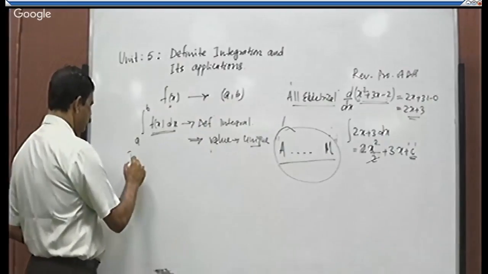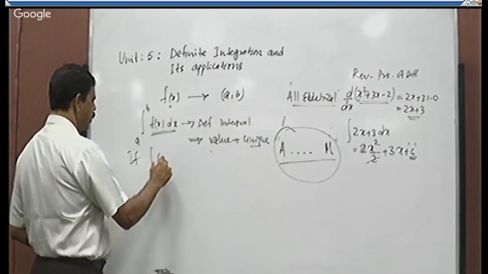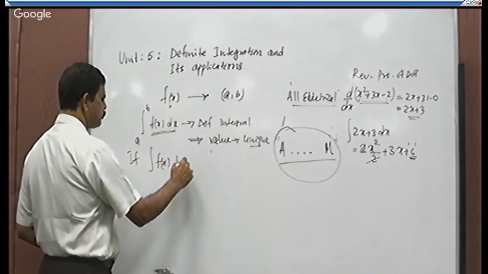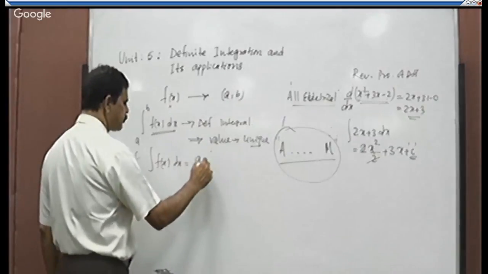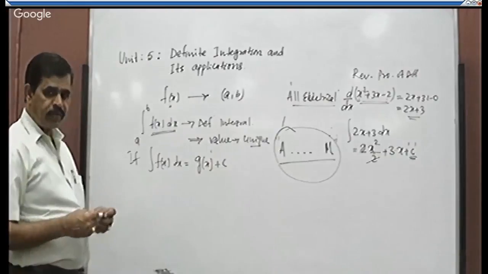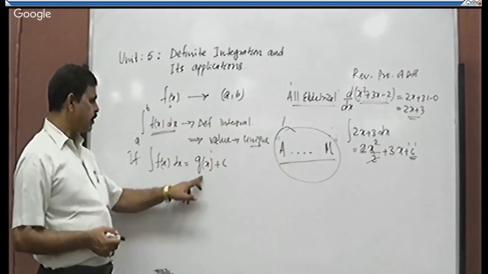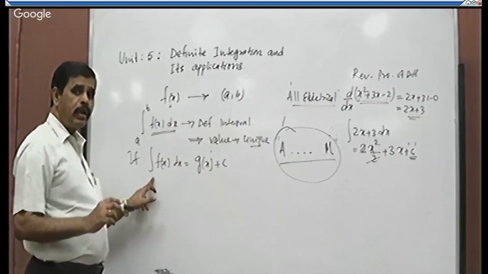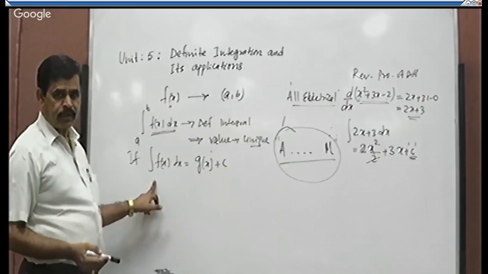Say integration of f of x dx is equal to g of x plus c. Assume that integration of f of x is g of x plus c. It is an indefinite integral, right?